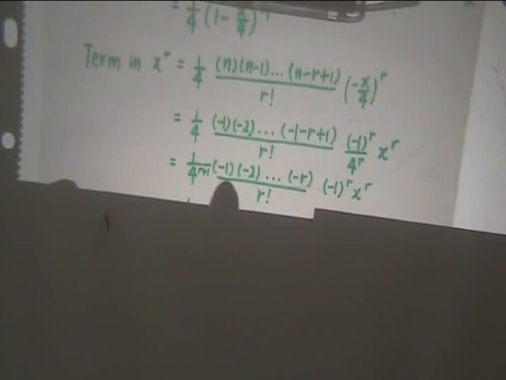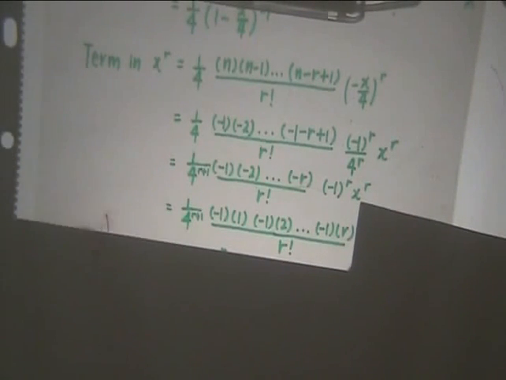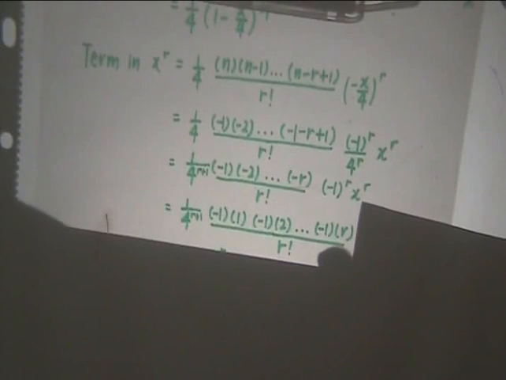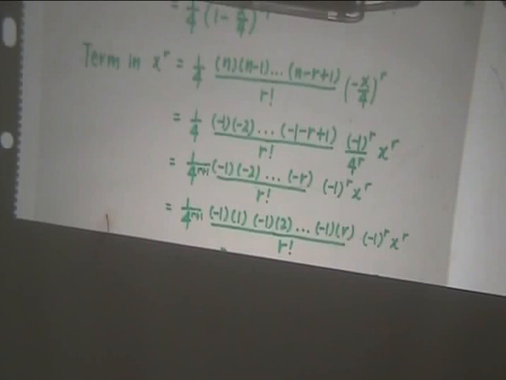Because you look at the terms in the numerator, each of them will have a minus sign. I can factorize out all the minus 1. So I have 1 over 4 to the power of r plus 1. Then minus 1 can be written as minus 1 times 1, minus 2 can be written as minus 1 times 2, and so on, until minus r can be written as minus 1 times r. And the rest remain the same. If I have all these minus 1s, how many minus 1s do I have?